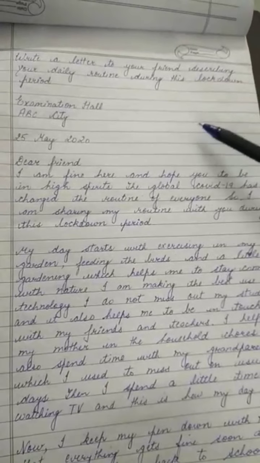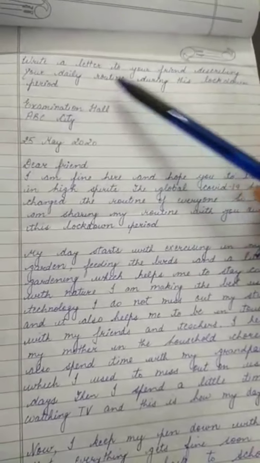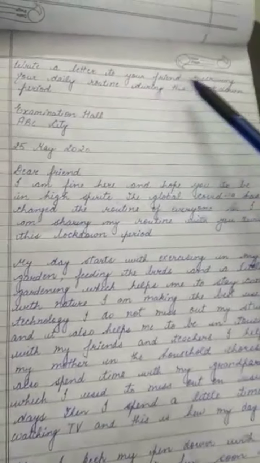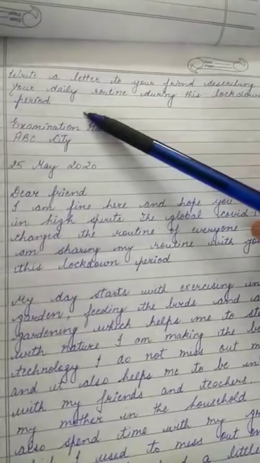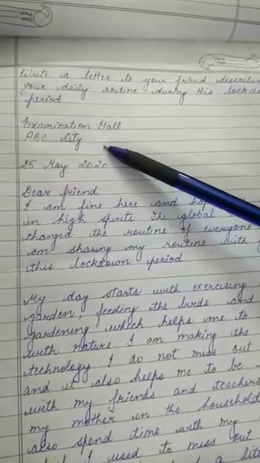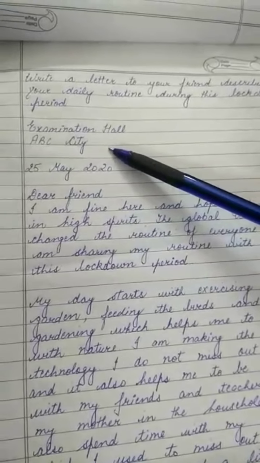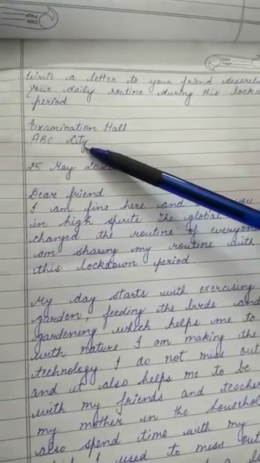Now I will give you one example of an informal letter. Write a letter to your friend describing your daily routine during this lockdown period. First of all, we write down the format. As I have told you, the address should always be on the left hand side.